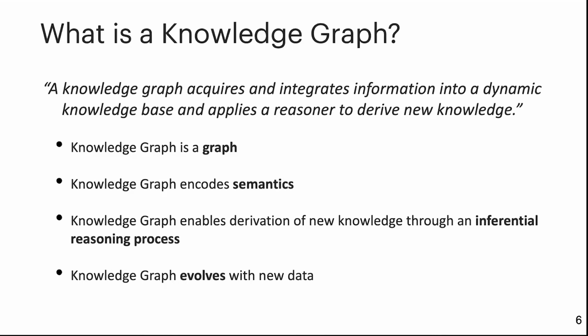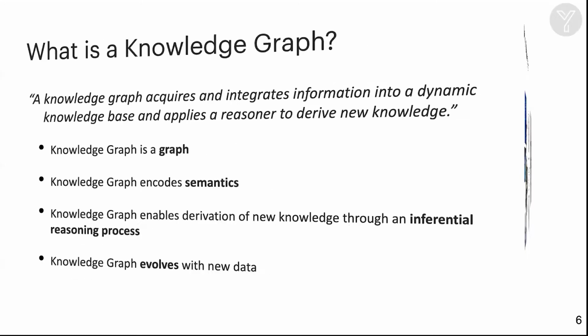So you can see the knowledge graph as a living organism that expands and grows as new data and new knowledge is acquired. These are the four pillars that define a knowledge graph, and we're going to see in the next minutes how we develop all of these pillars in our knowledge graph.